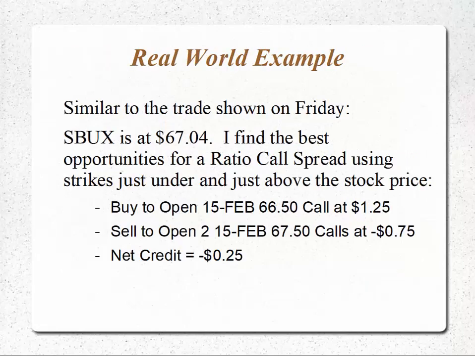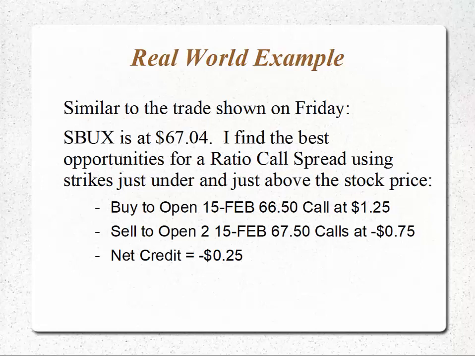Let's take a real-world example similar to what we saw and similar to the trade showed on Friday. With Starbucks trading around 67.05, I typically find the best opportunities for a standard ratio call spread using strikes just under and just above the stock price.